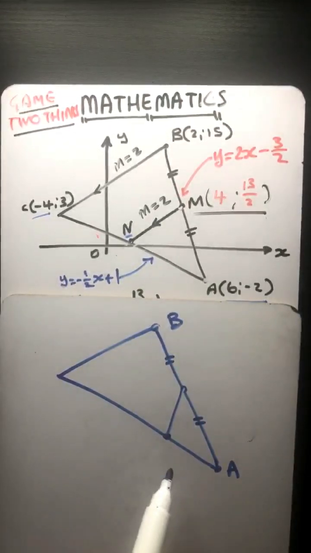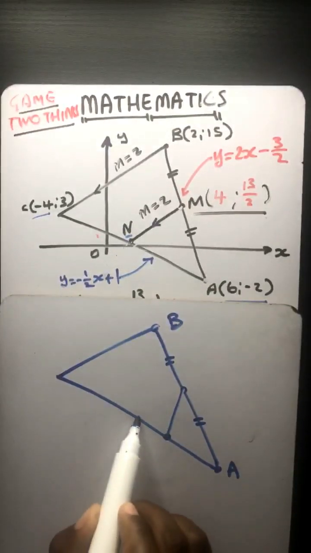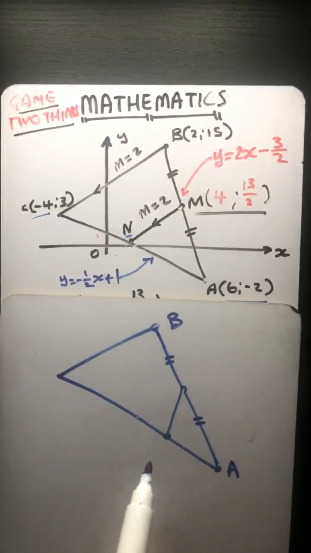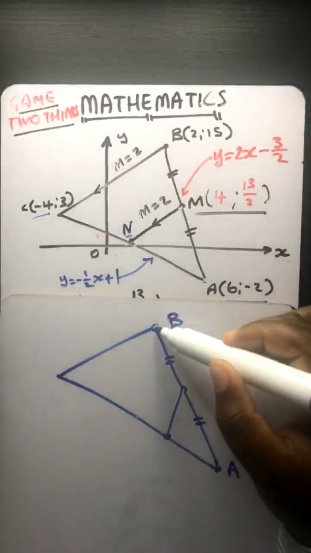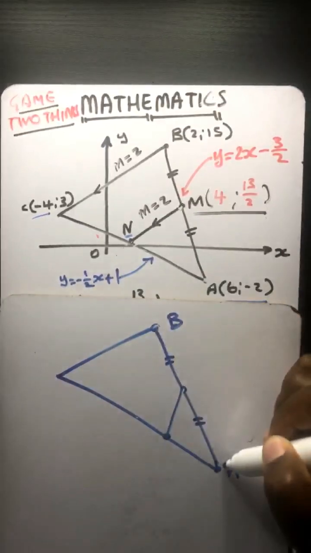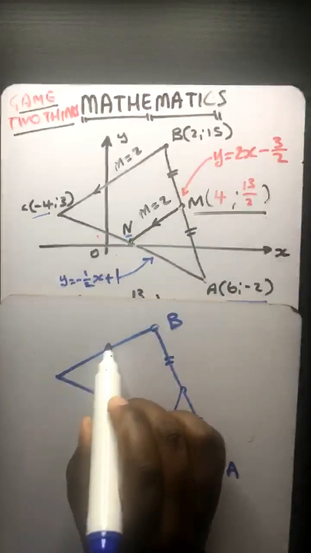For this point to be in the middle there, it's not as a result of it being in the middle on that line. What makes it to be in the middle? It's because it is parallel to this line.